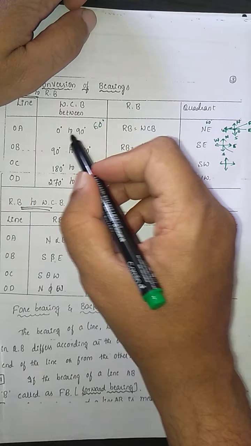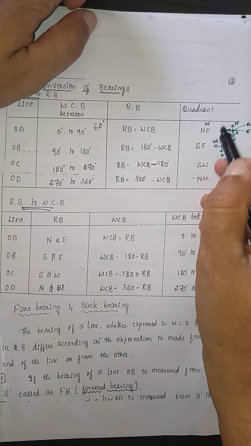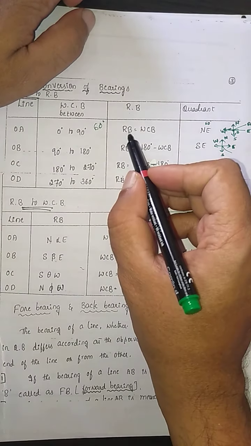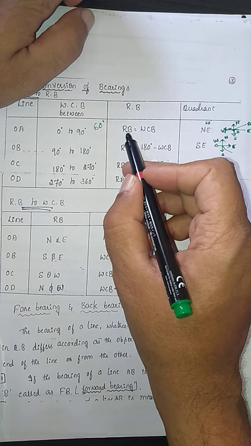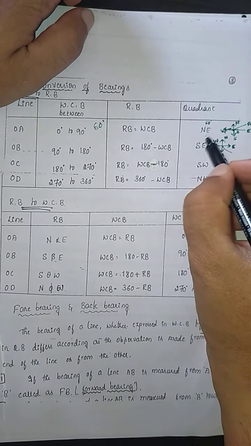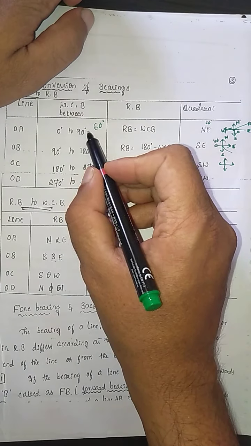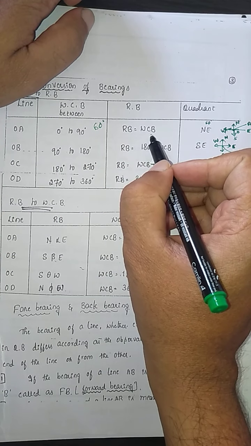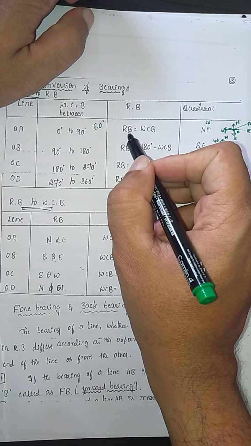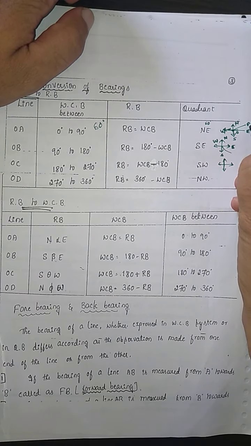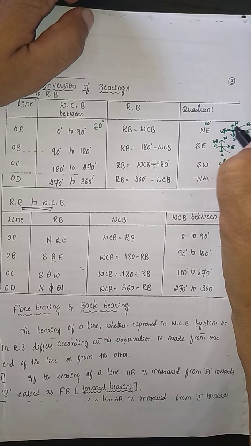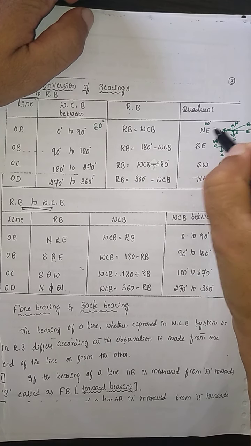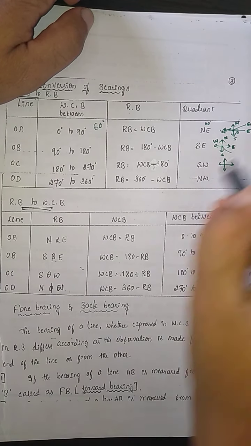From the whole circle bearing you have directly converted into the quadrantal bearing, whatever the whole circle bearing reading is, that itself will be the reduced bearing. Since it is in the first quadrant, that angle itself will be your reduced bearing. But since 60 degrees lies between north and east, we are going to write it as north 60 degrees east. So this is how we are going to convert it.